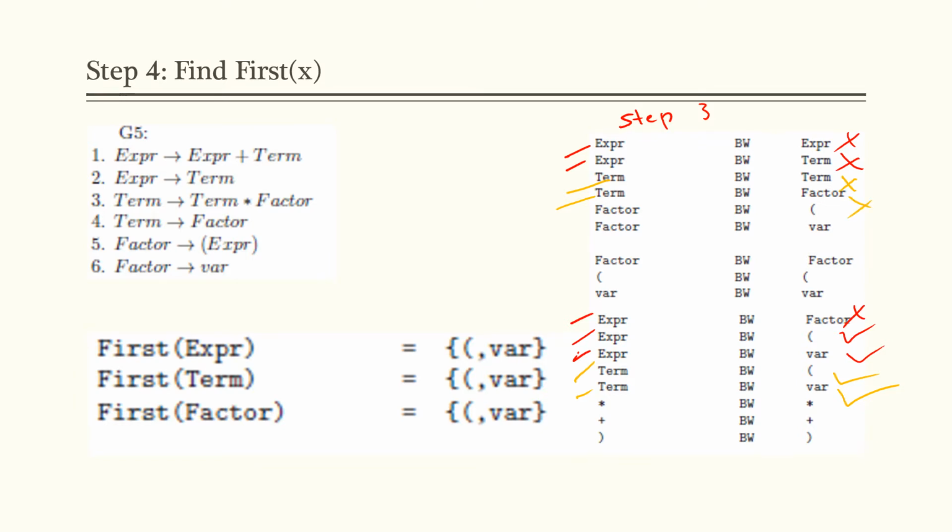We are not interested in those. The same thing applies to factor. For factor, we have 1, 2, 3, but we are interested in the ones with a terminal, so open bracket and var. The first of factor is also open bracket and var. In this case it is similar for all three of them.